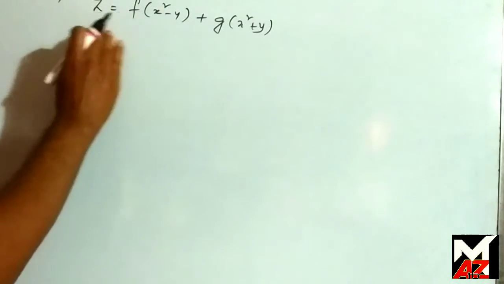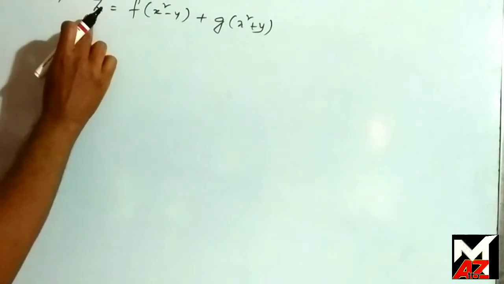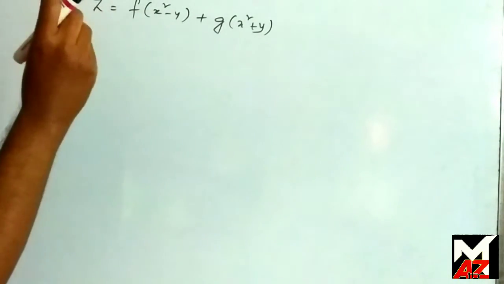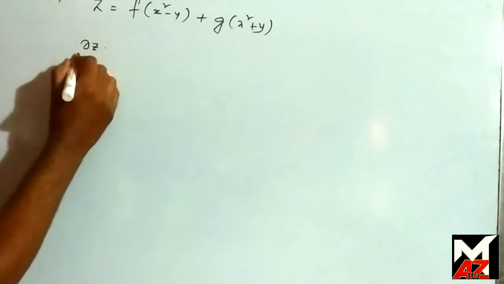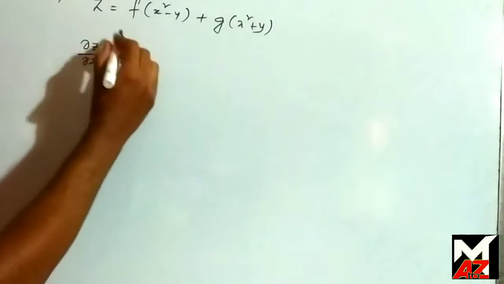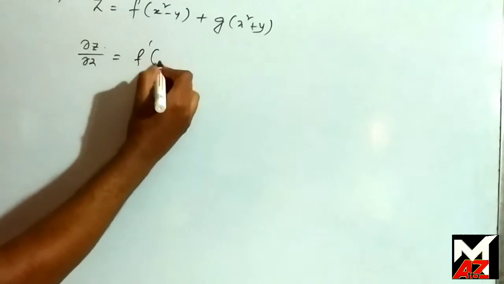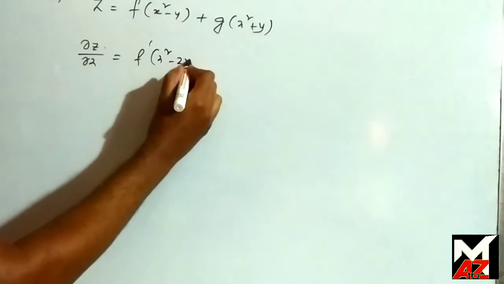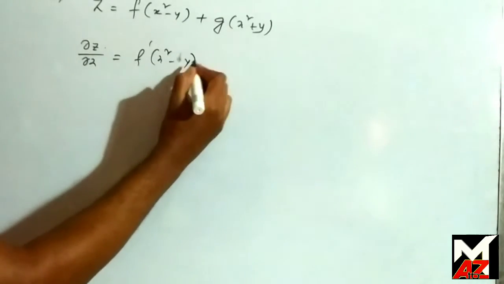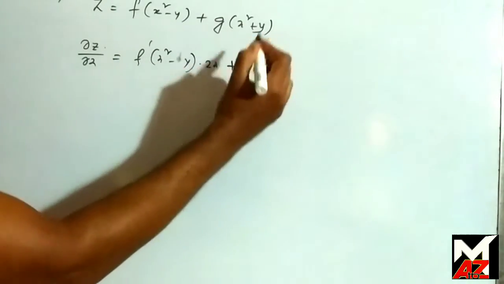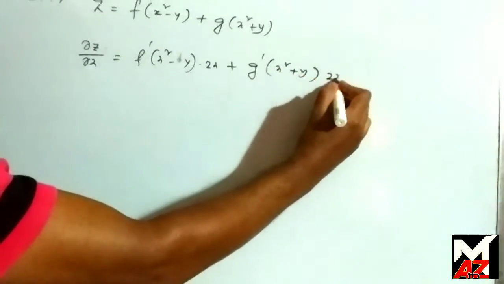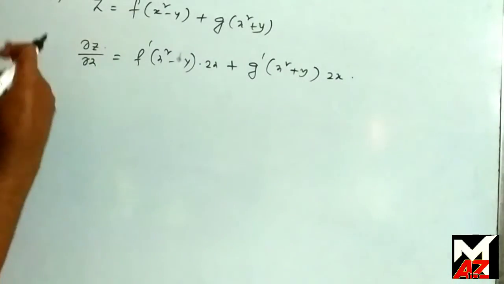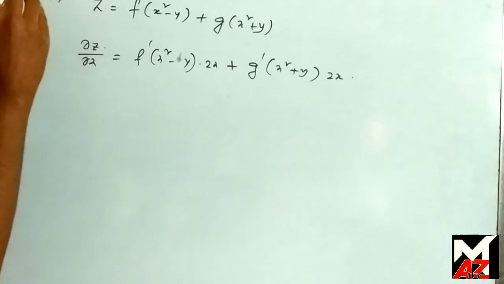Now we first differentiate this with respect to x and we get del z by del x equal to f dash (x square minus y) into 2x plus g dash (x square plus y) into 2x. Again we differentiate with respect to x.